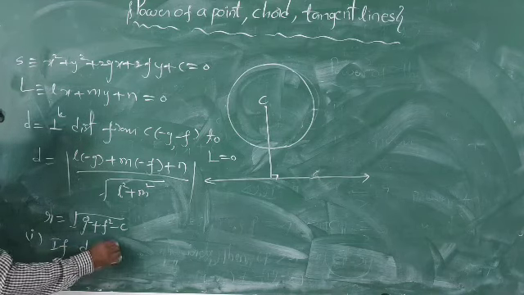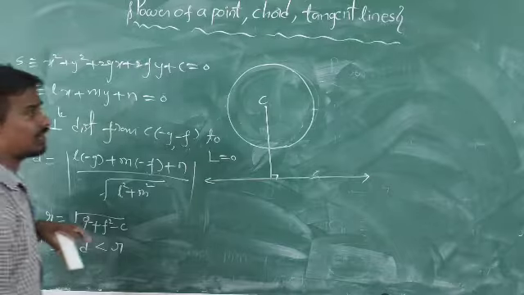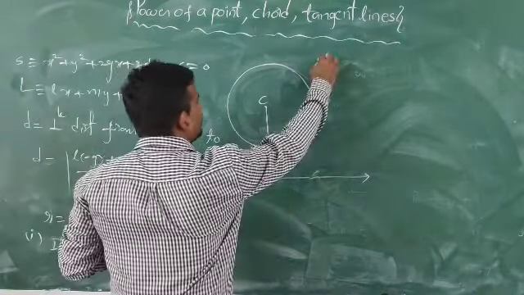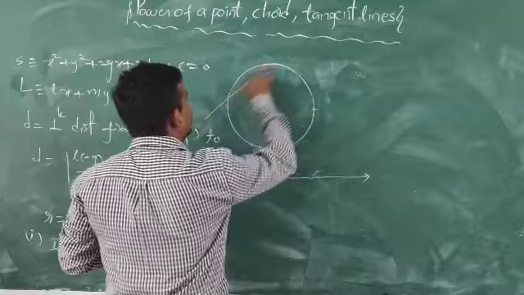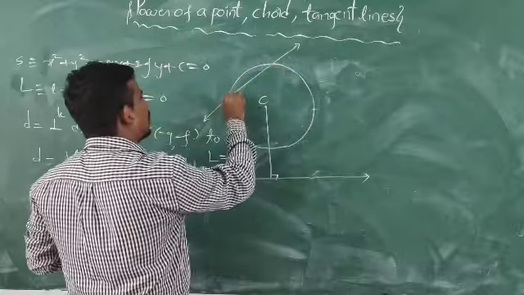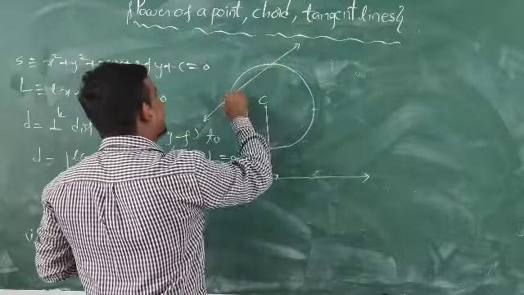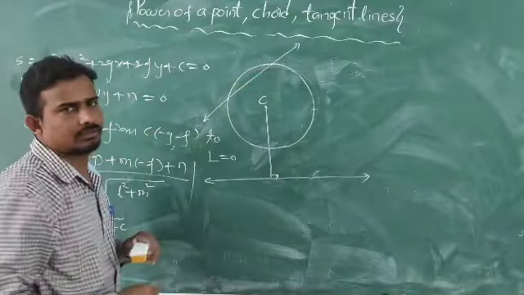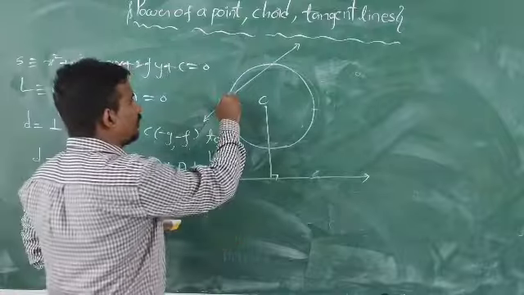It's very clear. We have three cases. If d is less than r, it means if our straight line is like this, it intersects the circle at 2 points.